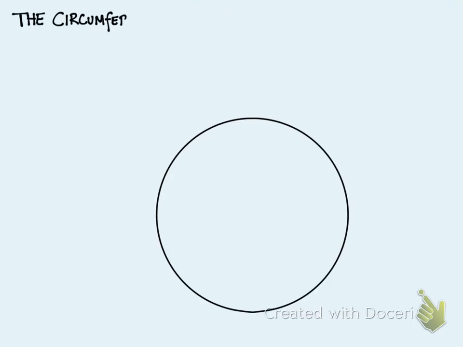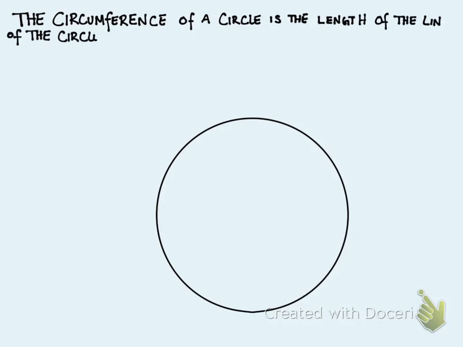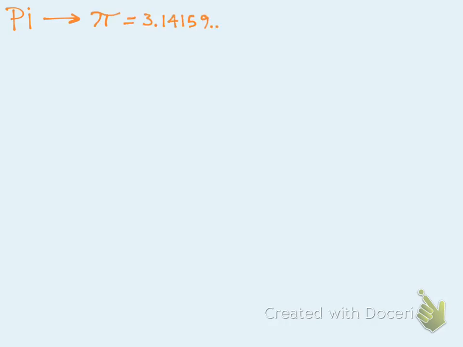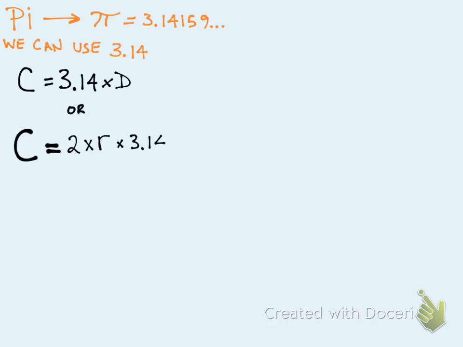So what's the circumference? The circumference is the length of the line that goes around the circle. It's kind of like the perimeter of a polygon, except this is the total length around the circle. So pi is a number that has a decimal portion that goes on forever without repeating.